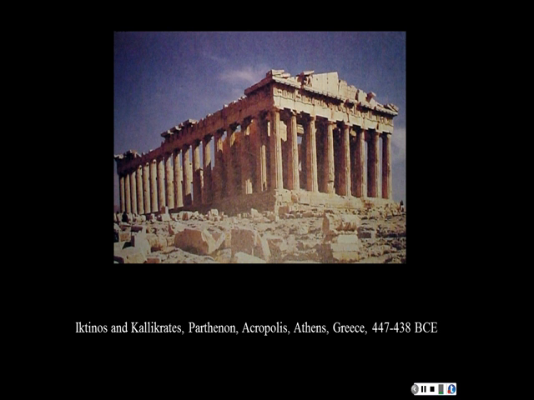mathematically precise. And perhaps one of the most extraordinary aspects of this work is that the architects took into account our own human perception of line. They realized that the human eye sees one long horizontal as being slightly curved, and so they corrected this by slightly curving the stylobate, or the floor, to have a slight curve to it.